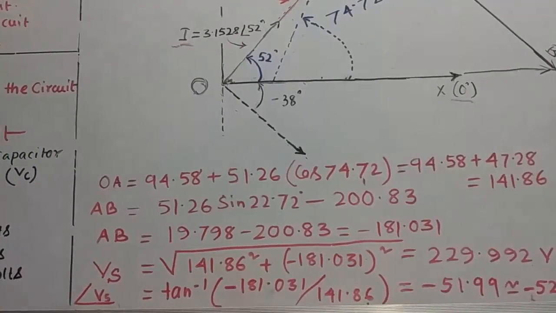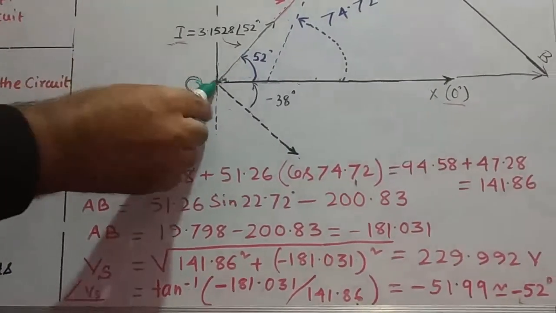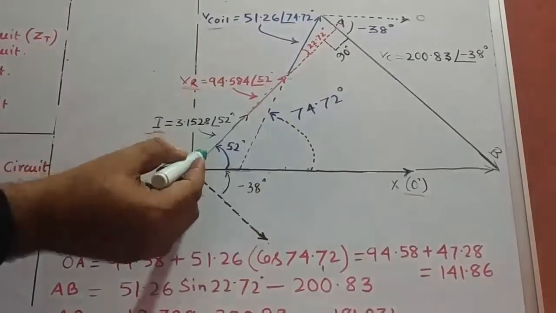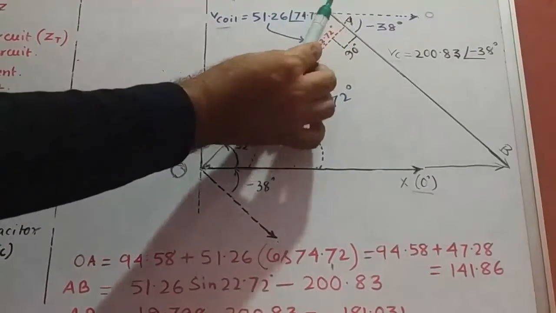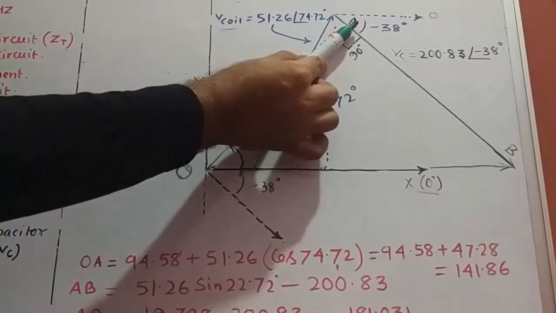OA is from here to here, so this is VR plus the horizontal component of the coil voltage.